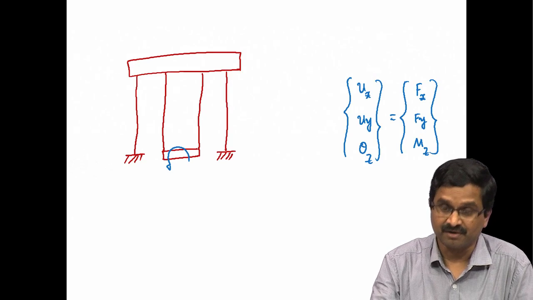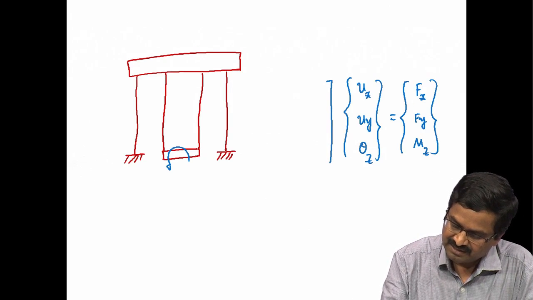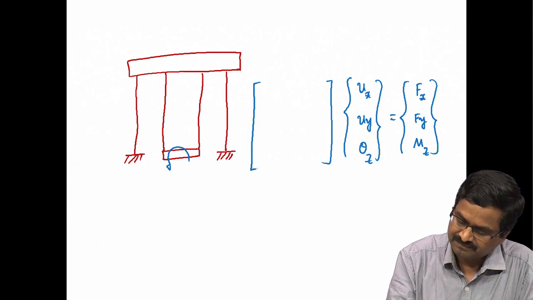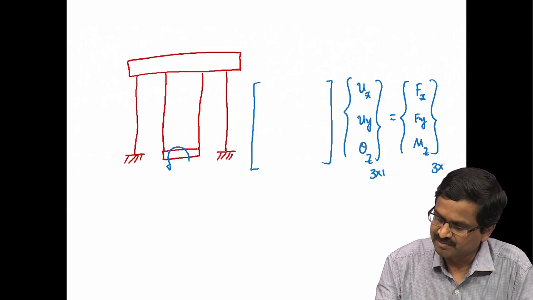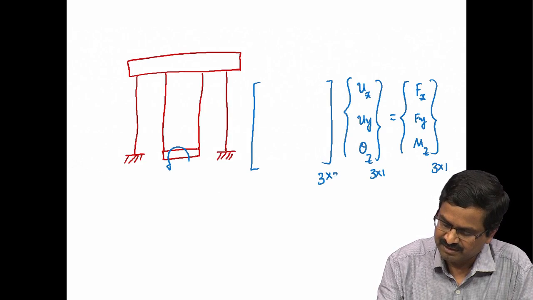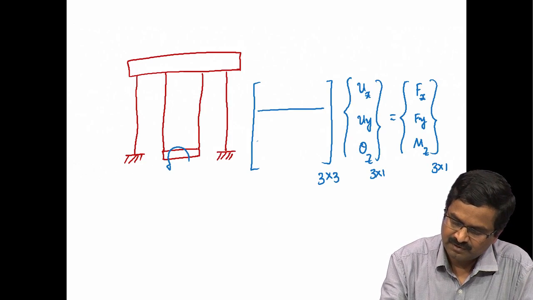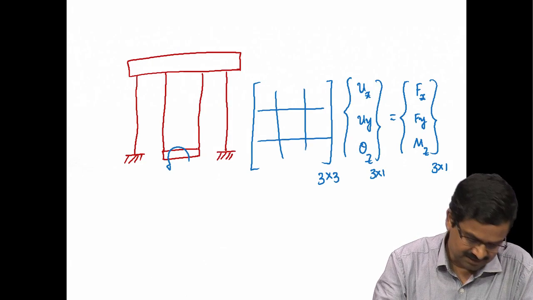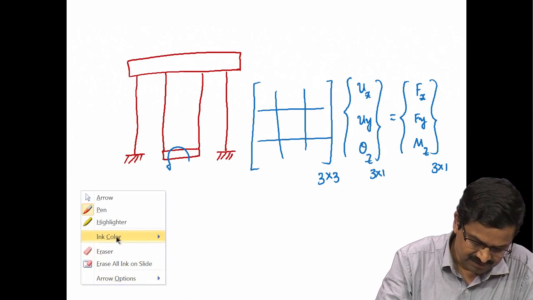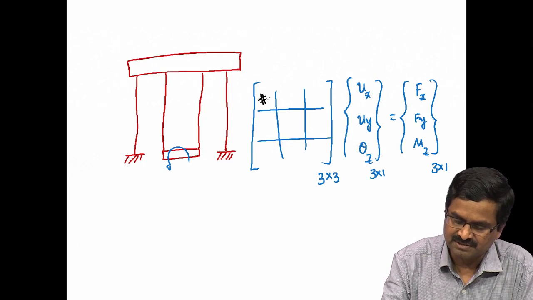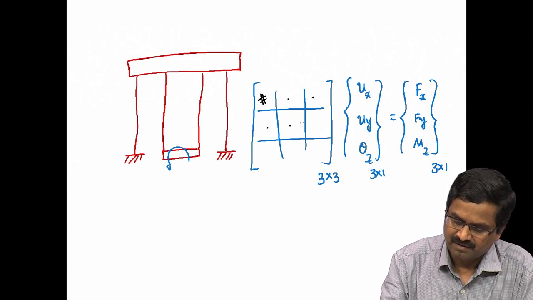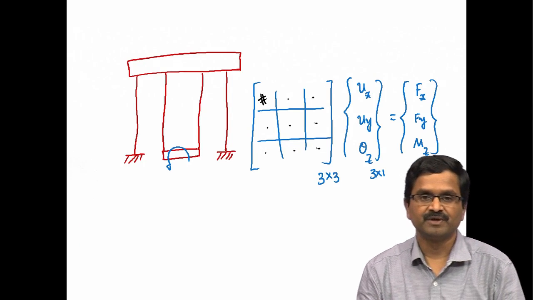Of course, these two are not equal. There is a stiffness matrix. This is 3 by 1, this is 3 by 1, this is going to be 3 by 3. So, we need to get these numbers here. It is going to be a symmetric matrix, we need to get those.